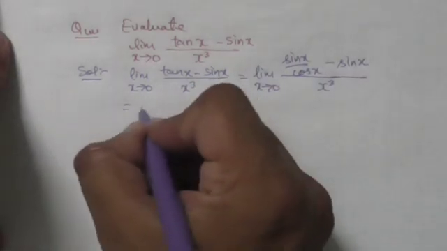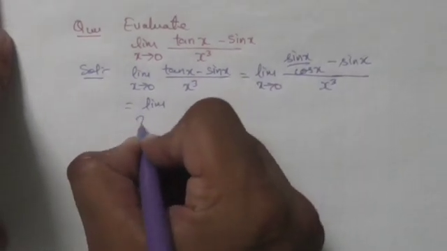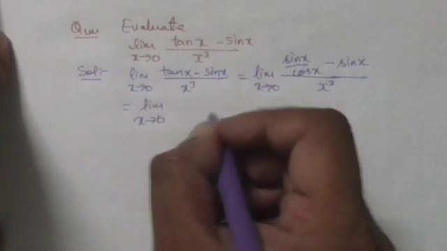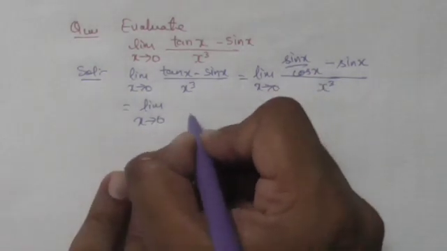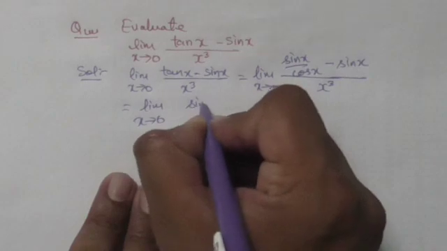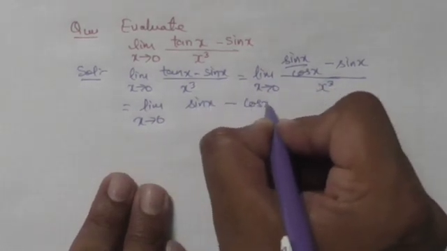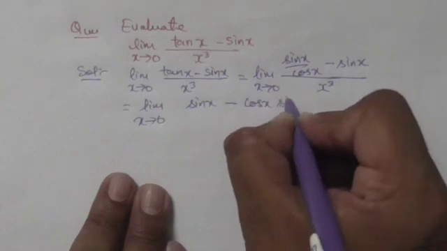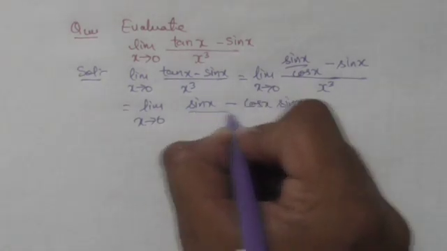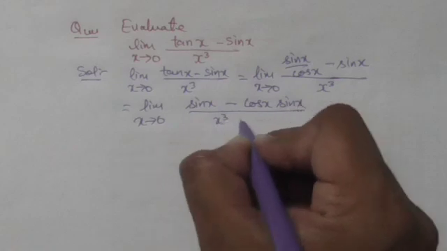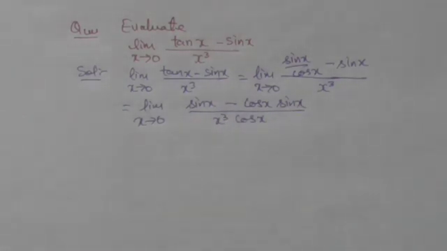It will be equal to limit x tends to 0 of (sin x minus cos x into sin x) upon x cube into cos x, right?